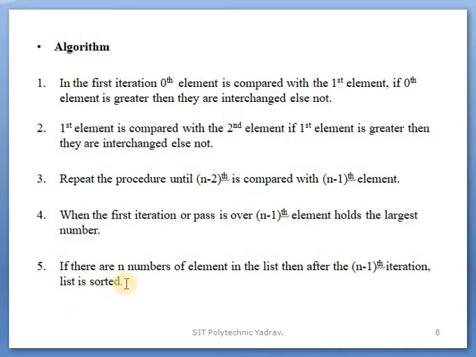After the 4th pass, your array is sorted; after the first pass it is not sorted. For example, if n is 6, then 6 minus 1 is 5, so after 5 iterations or 5 passes, your array is sorted.